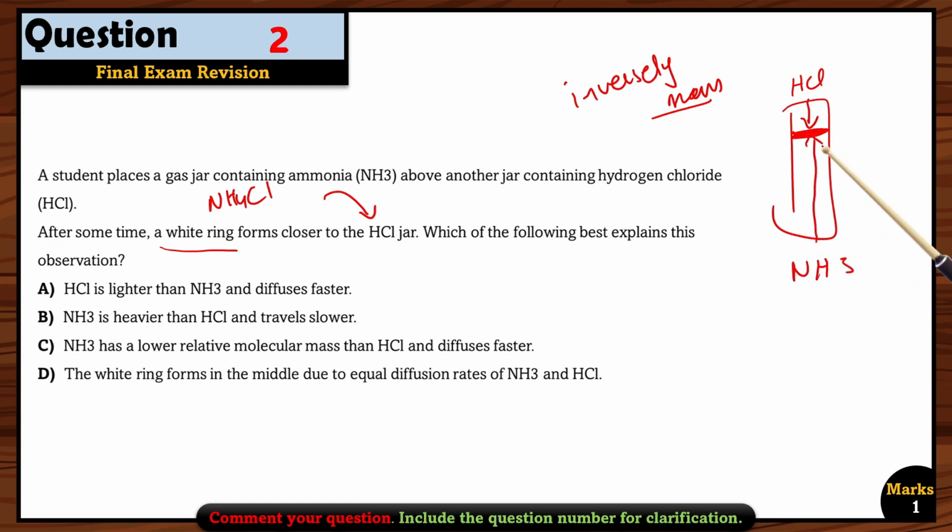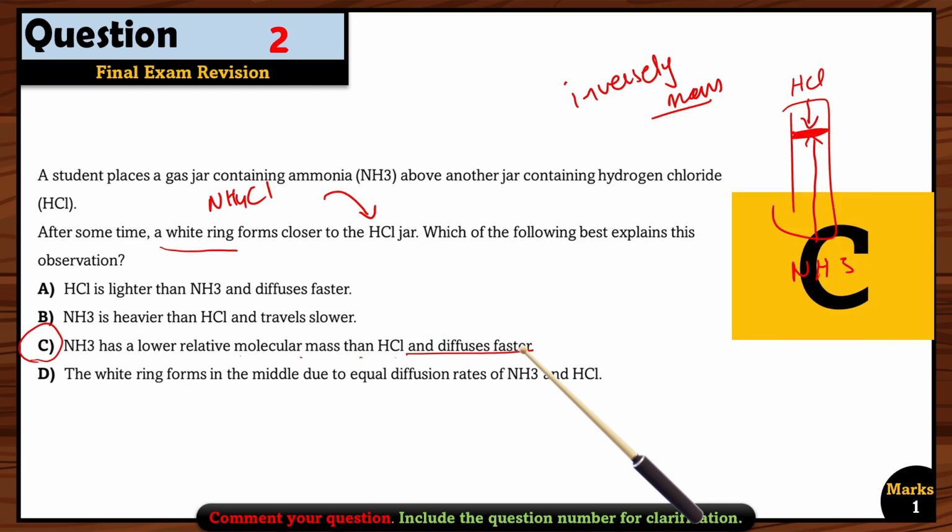So ammonia is lighter in weight, and that's why it diffuses faster. So we have to choose an option saying ammonia has a lighter weight. Option C: ammonia has a lower relative molecular mass than HCl and diffuses faster. So this is the right option. Remember that mass is inversely proportional to the diffusion rate. So option C is correct.